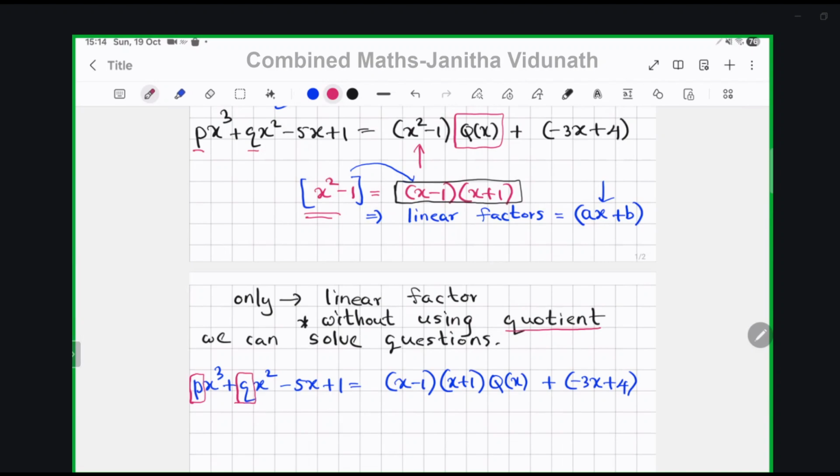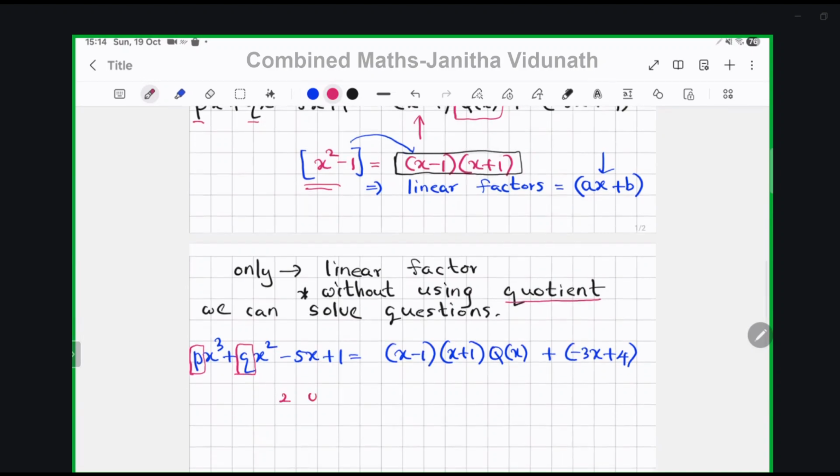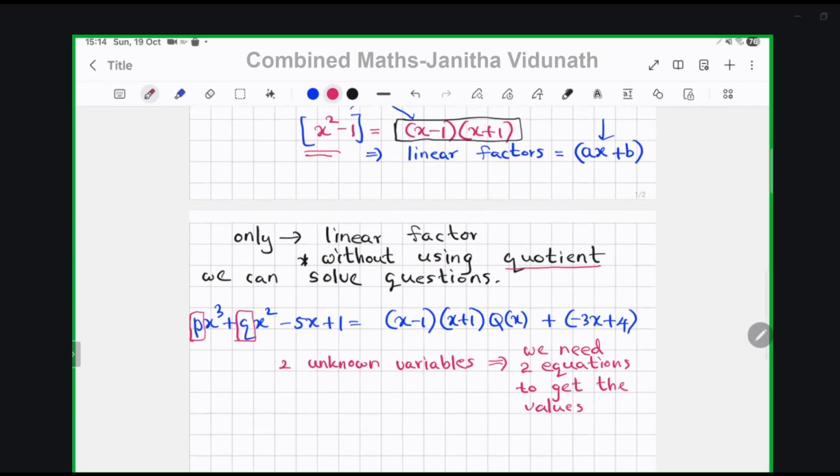That means we need two equations to get their values. The number of unknowns needs to be equal to the number of equations.